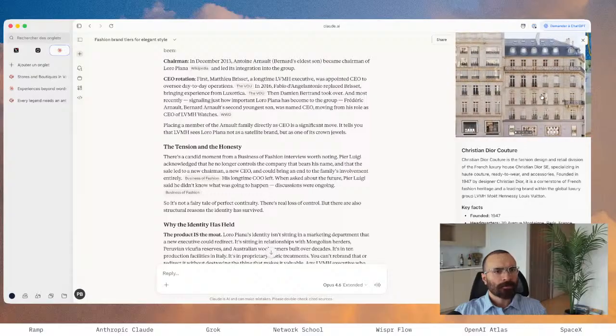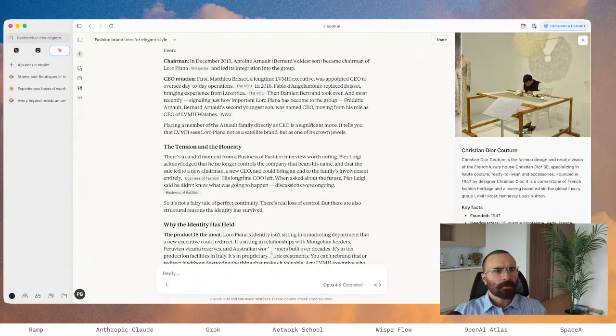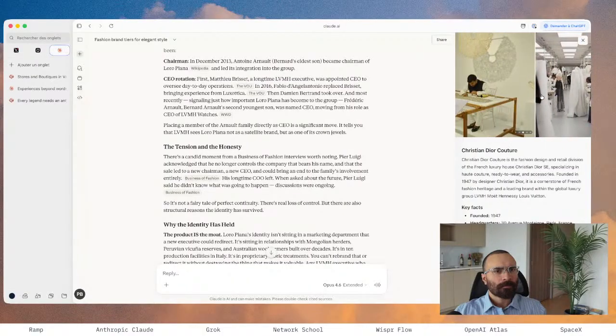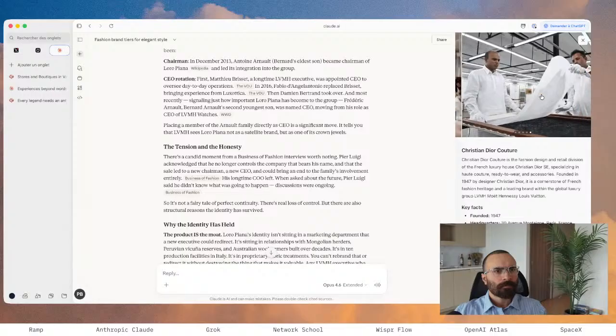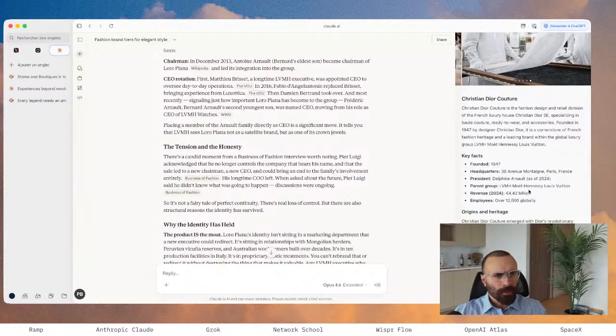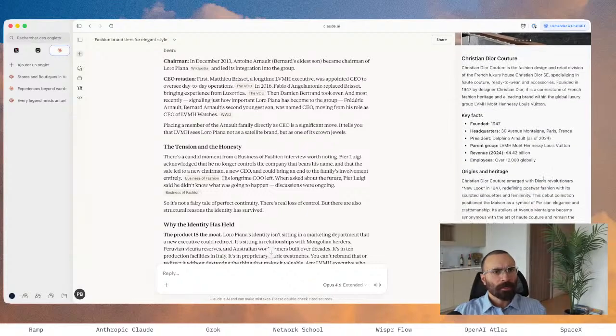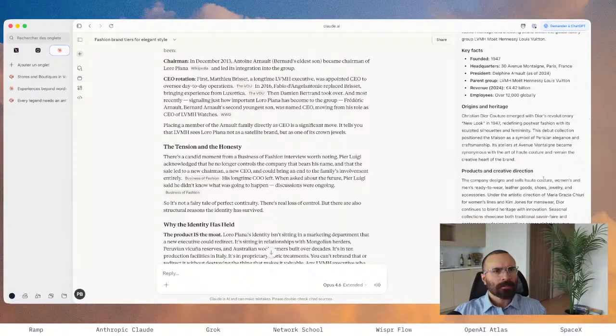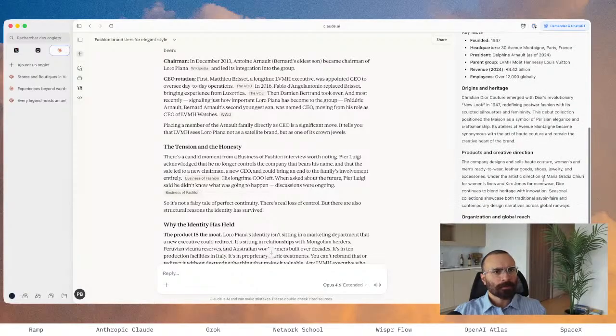Oh my God, what a beautiful building. Haute couture, ready-to-wear, accessories. I think it makes sense that Delphine was leading this.